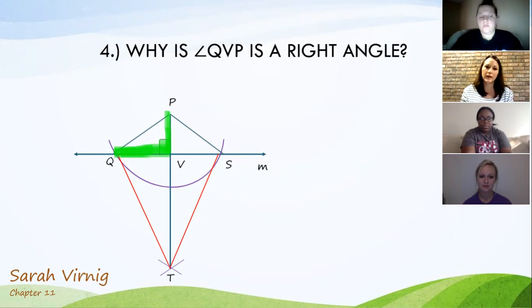So whenever we have a line that intersects a straight line, you know that it's going to be 90 degrees. So our angle here for QVP will be 90 degrees. But if you wanted to find SVP, it would also be 90 degrees. Because like I said, the straight line here, we have to have our two angles add up to be 180 degrees.